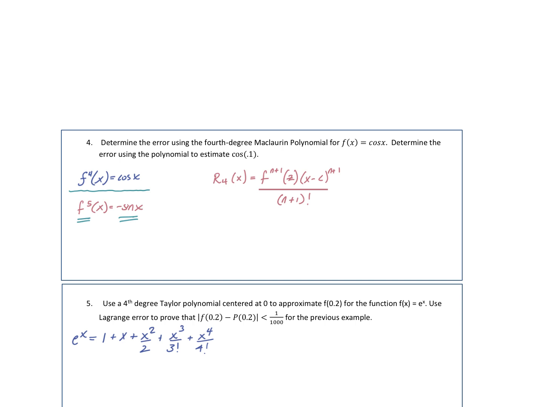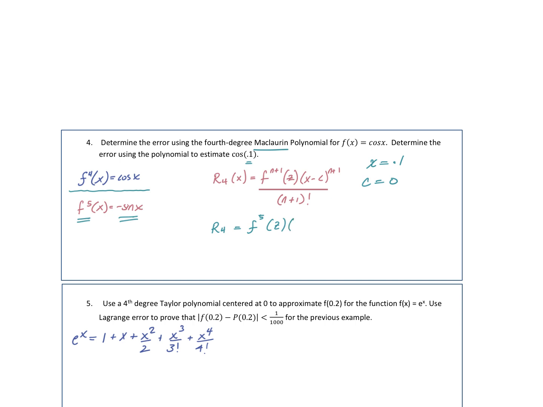Determine the error. So let's go ahead and plug in here. I'm going to do 0.1. So my x is 0.1. Maclaurin says that the center is 0. And let's see what happens here. So R4 is equal to, so it's R of 4, so it's the 5th of z, times x minus c.